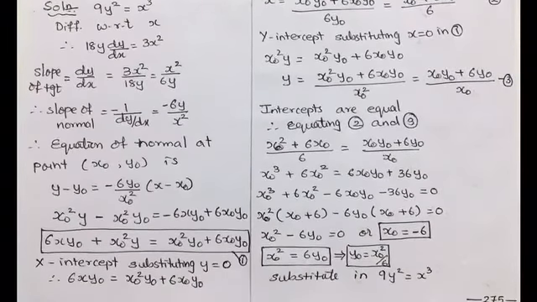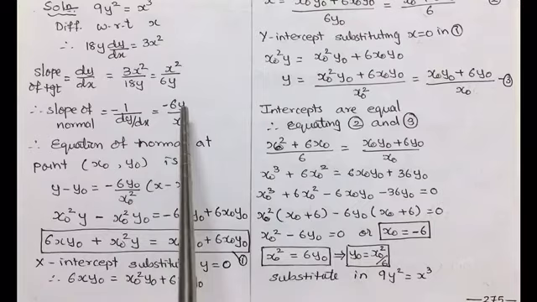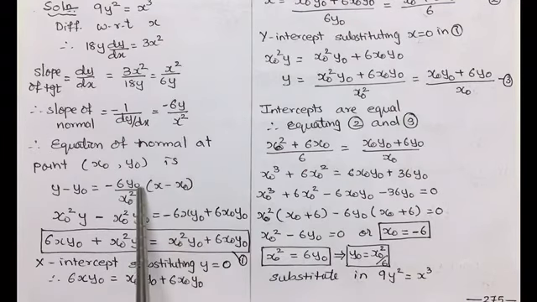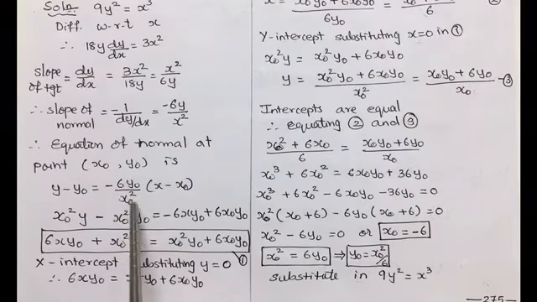So the equation of the normal at point x0, y0 is y minus y0 equal to the slope at the point x0, y0, which is kept here as minus 6y0 upon x0 square, times x minus x0.